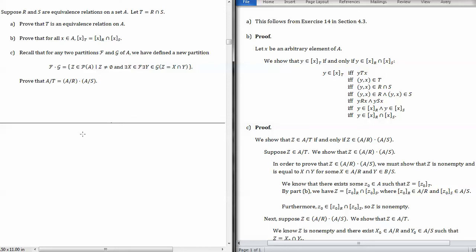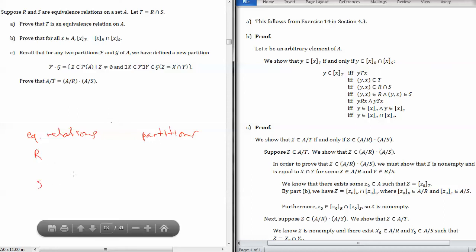Okay, so the way I sort of picture this is we have this one-to-one correspondence between equivalence relations on the one side and partitions on the other side. And we are starting out with a couple of relations R and S, and we get partitions by looking at the set of equivalence classes of those, right?